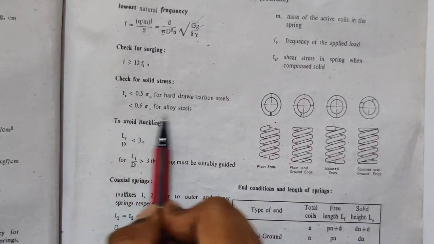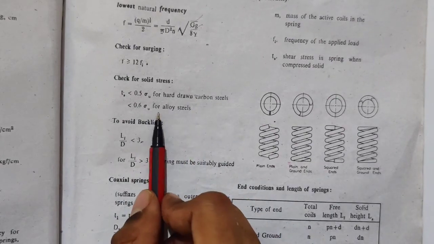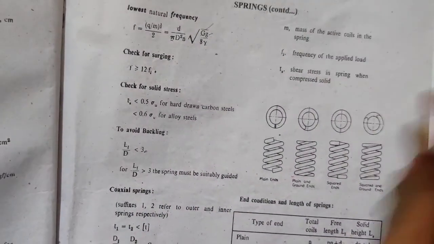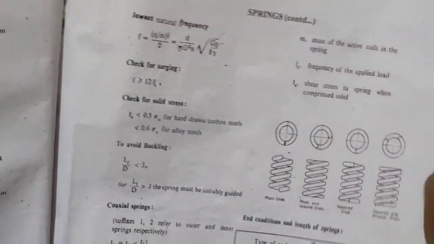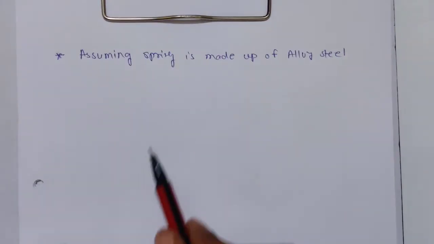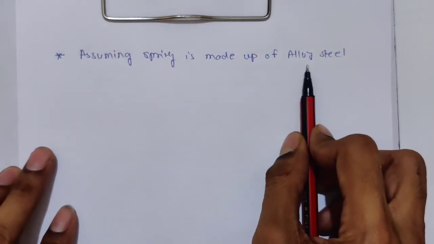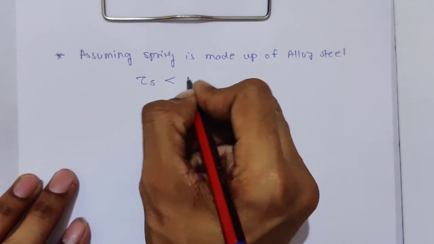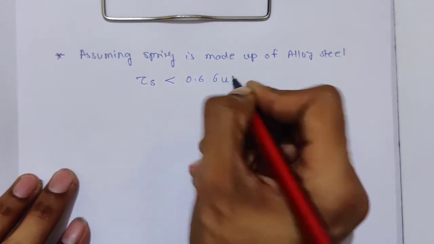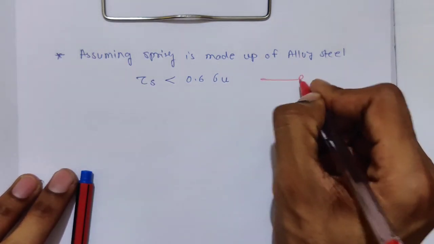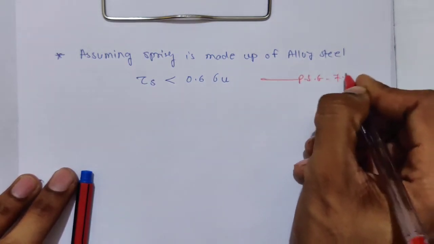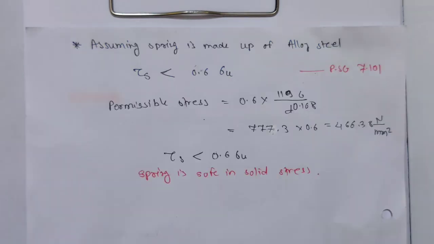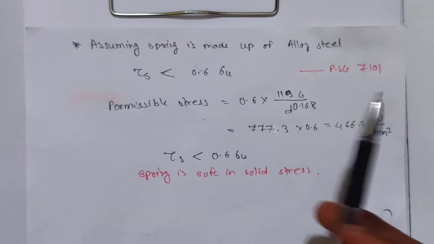Assuming the spring is made of alloy steel, the condition is that tau s should be less than 0.6 sigma u, as in PSG 7.101. For this problem sigma yield is not given.